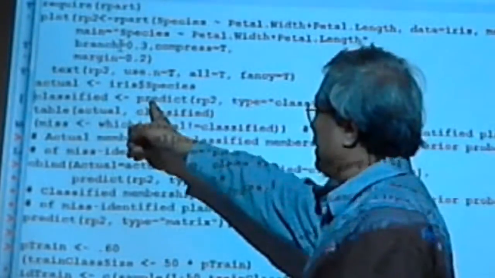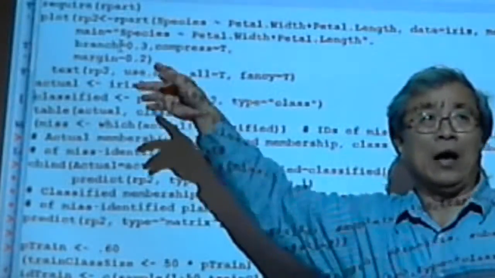For every model in R, there's always a predict function, like this. Actually, the function working behind the scene is not predict. It's called predict.rpart. Or you can just call it rpart because this is the method. Predict will dispatch this to the predict.rpart method.